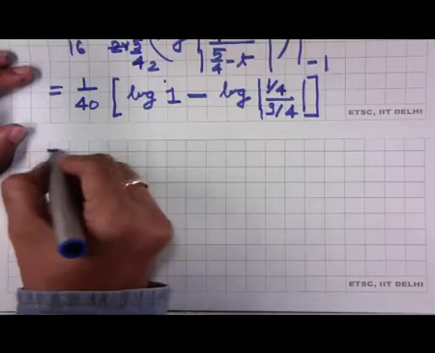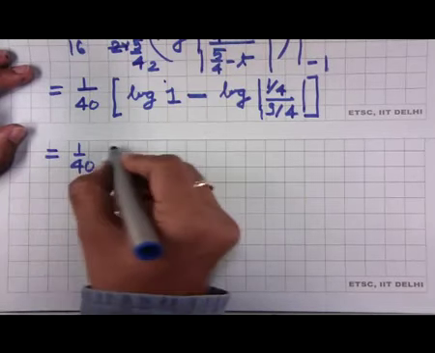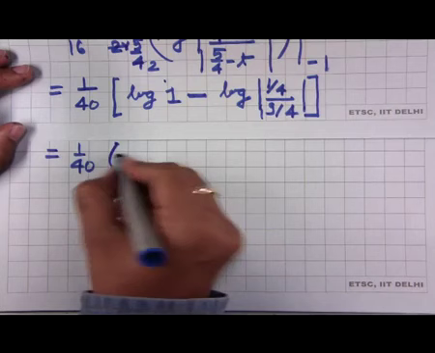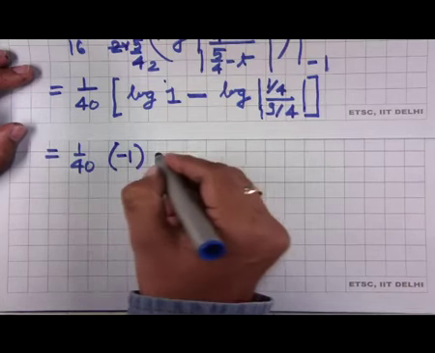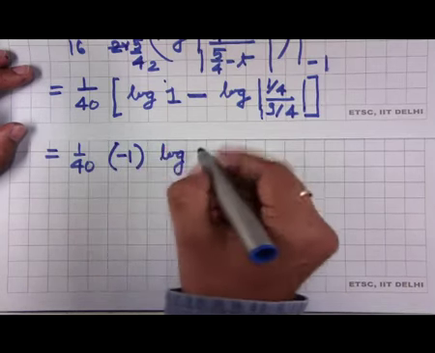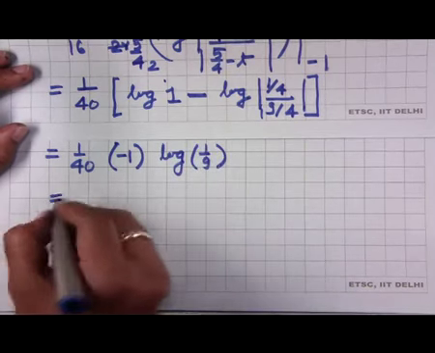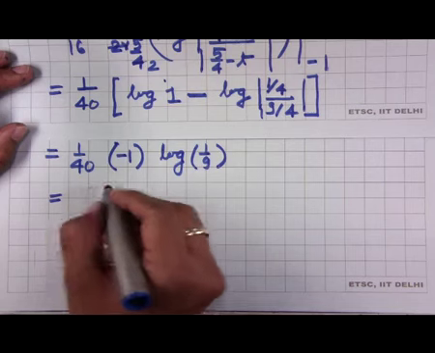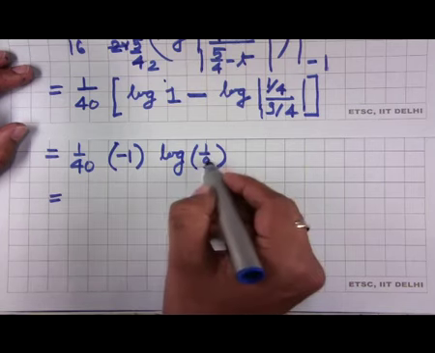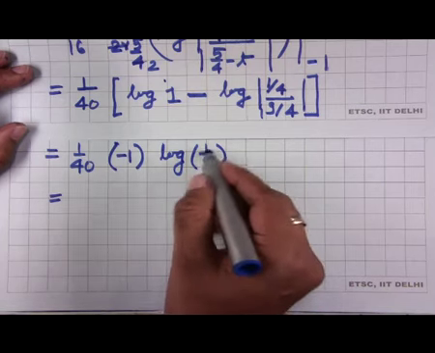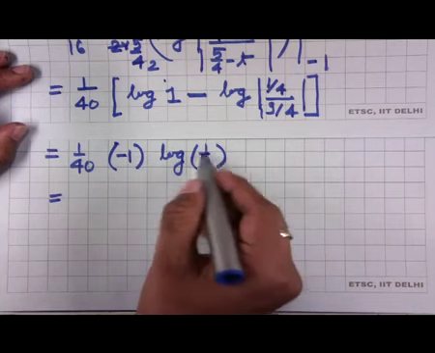So this is equal to 1 by 40. Log 1 is 0, then you get minus log 1 by 9, which we can write as 9 to the power minus 1, and this minus 1 will get cancelled using property of log.